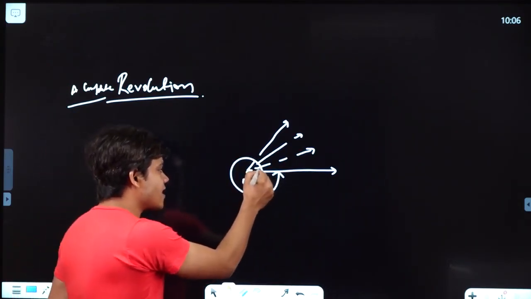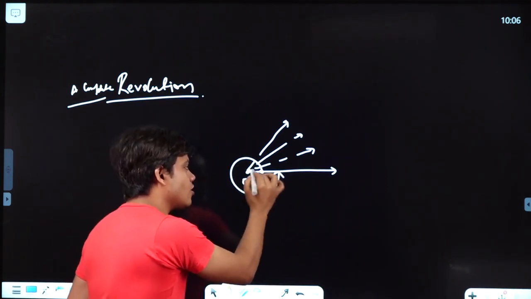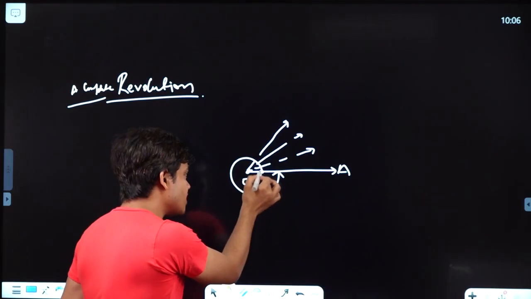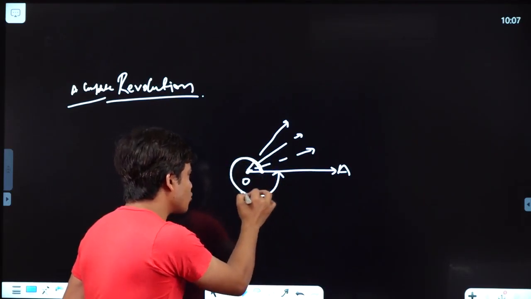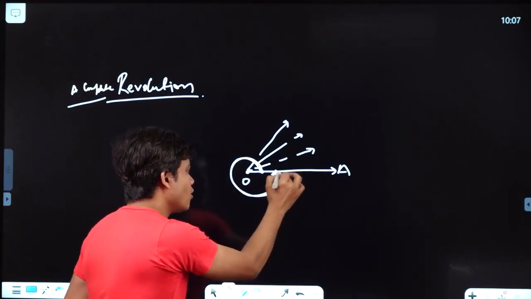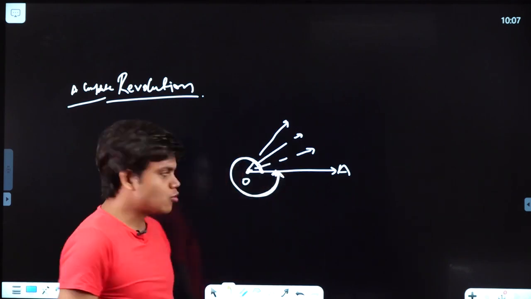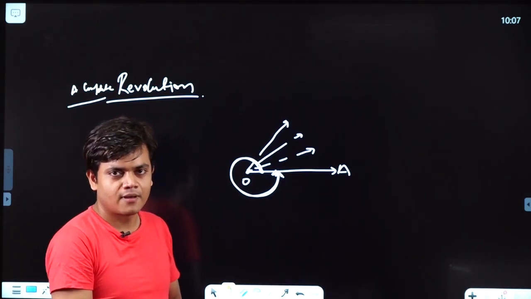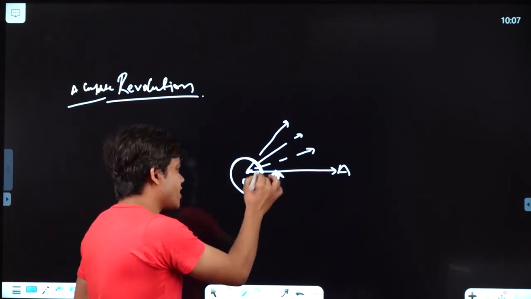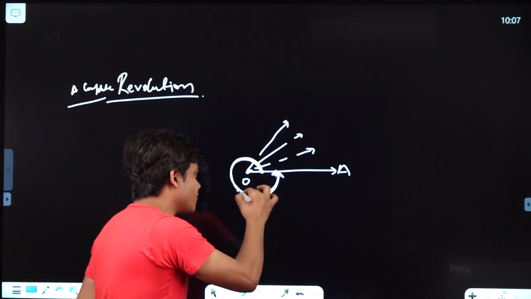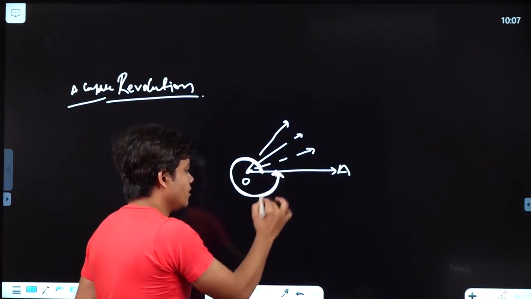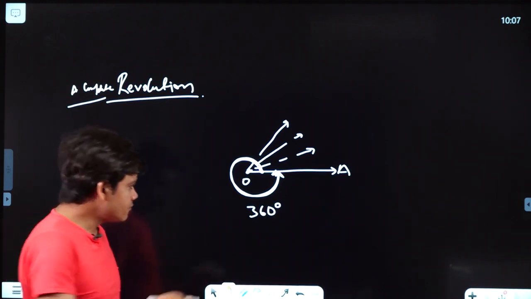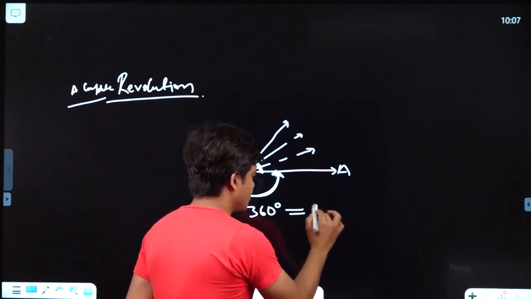So you started from this point and you are reaching the same side. This is your initial side because you have started from here and the rotation has completed over it again. So our initial side and terminal side coincide. So you can easily understand that this complete rotation will give you how much angle? A 360-degree angle in one revolution.